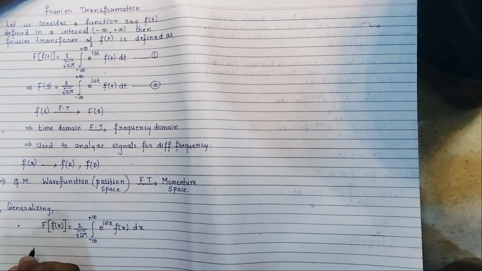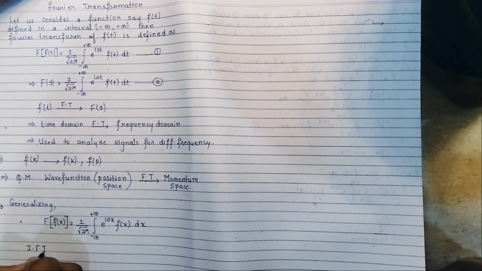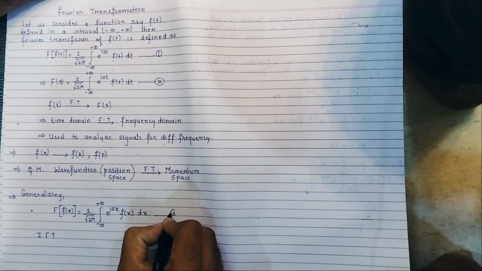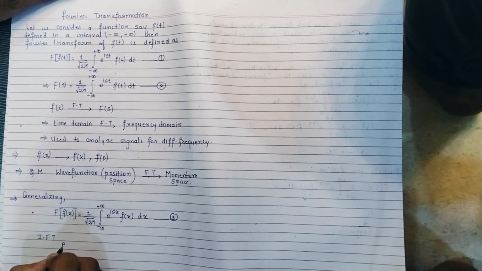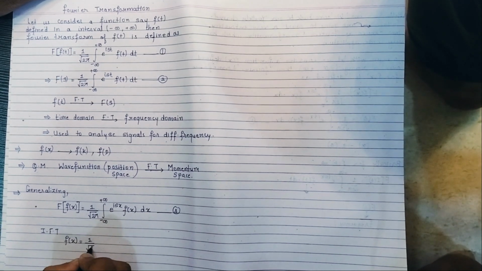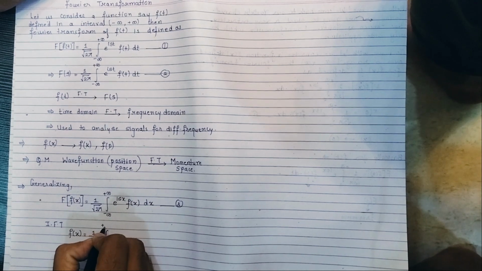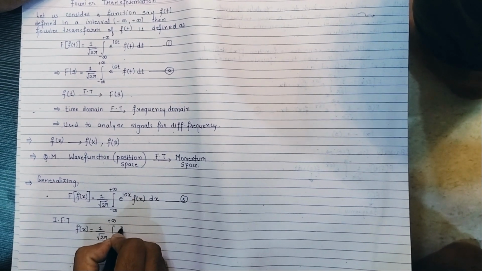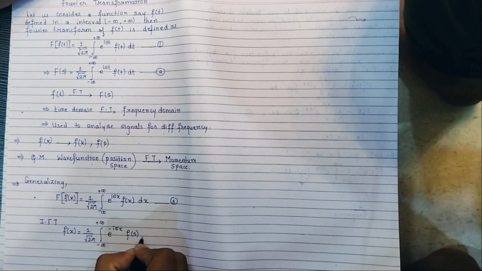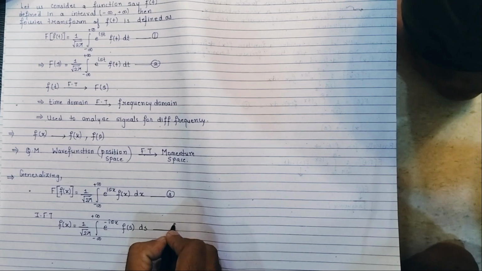Not only this, but the inverse Fourier transformation of this given equation number 3 can be written as f of x equal to 1 upon under root of 2 pi, integral from minus infinity to plus infinity, e to the power minus isx, f of s ds. And let this be equation number 4.